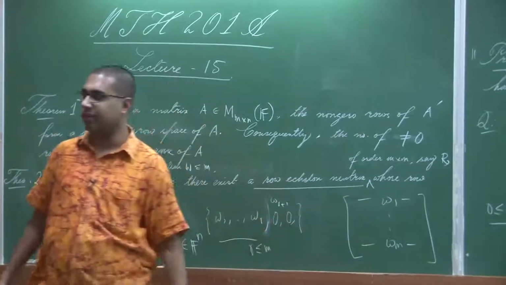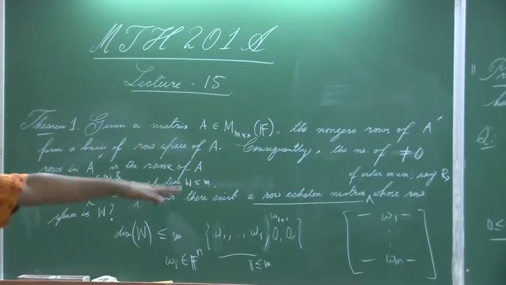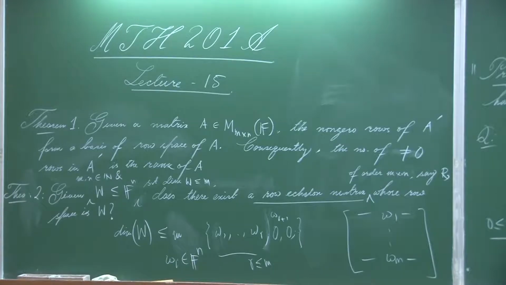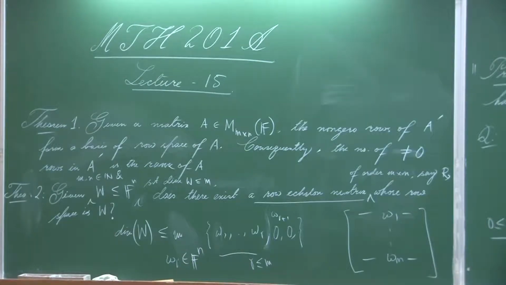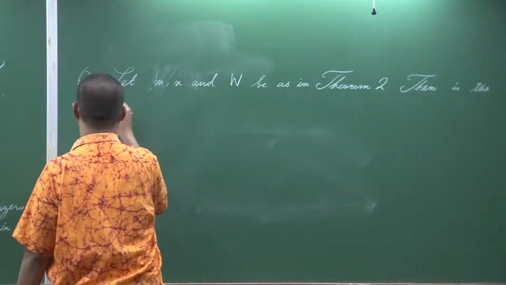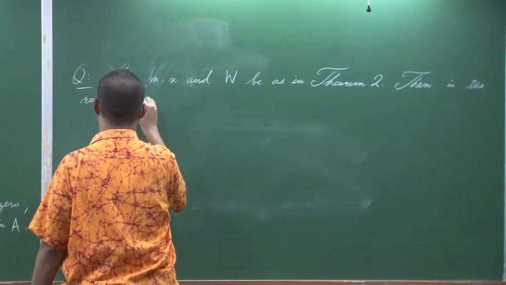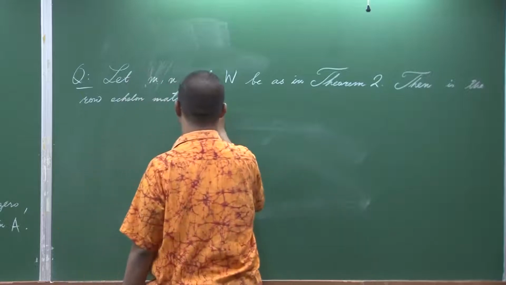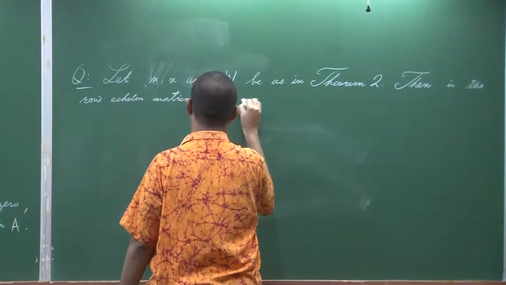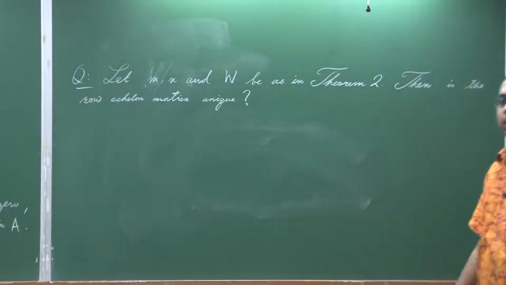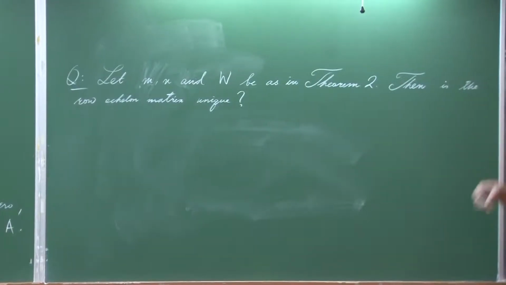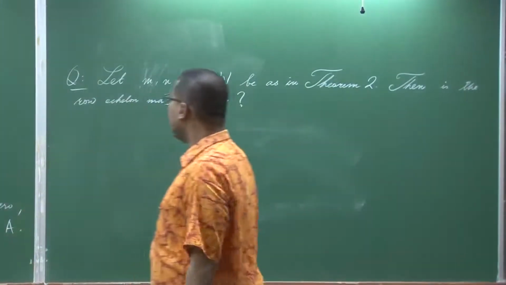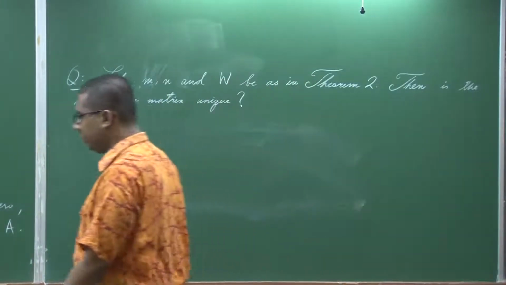Using this we constructed a matrix and then reduced it to the row echelon form, which was denoted by R. So the question here is: is the row echelon matrix unique? It is a natural question because we have already proved the existence of at least one. So let us try to see that this is unique.